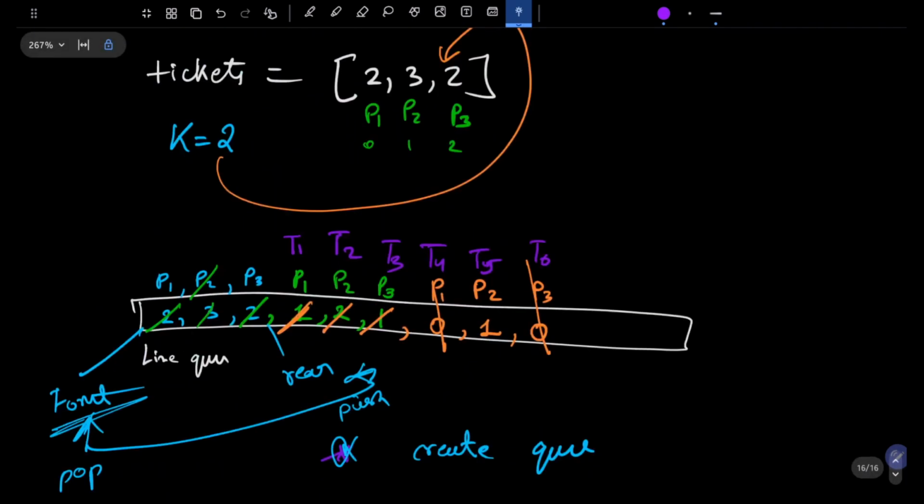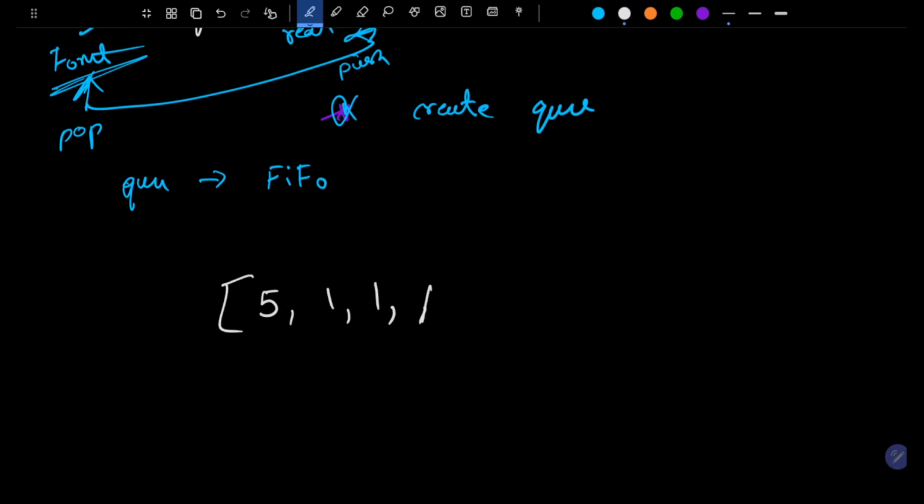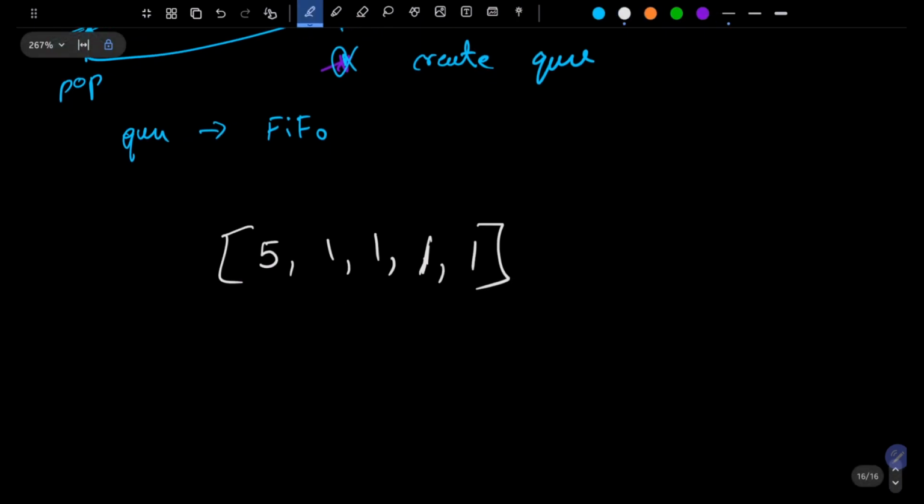Our next example is tickets equal to 5 1 1 1 1, and k is given as 0. We need to find when the 0th person will buy their complete ticket.